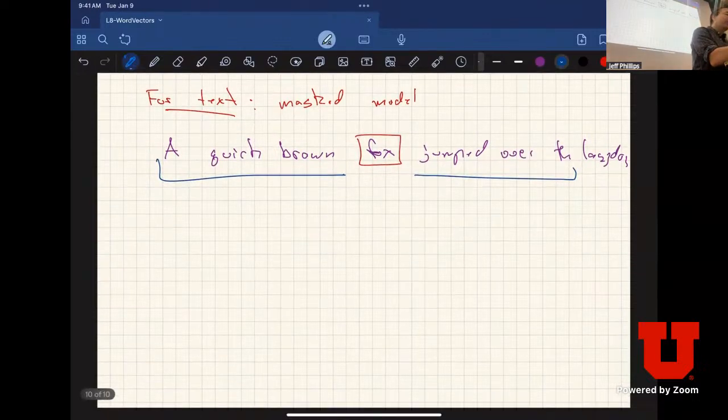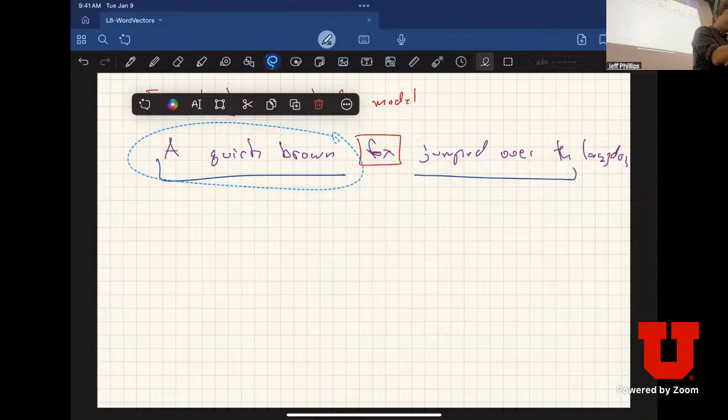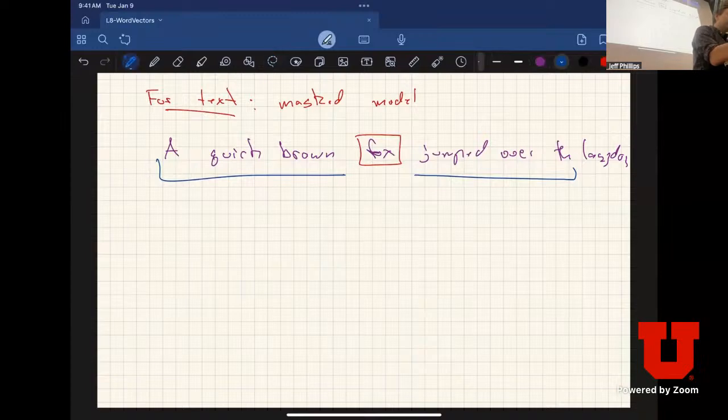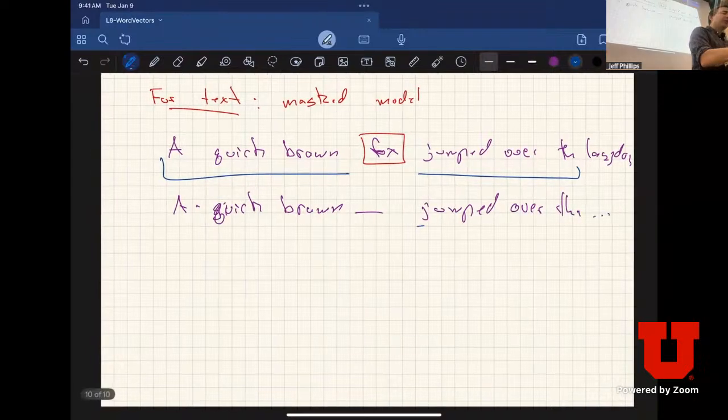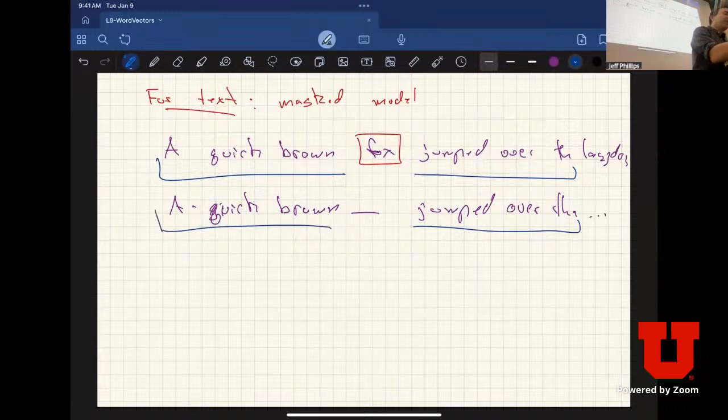So let me just rewrite it. Quick brown blank jumped over the. Okay, so I'm just given this context and I'm given an empty spot here. And so I want to predict this word which is missing. Okay, so how do I predict this word that's missing?